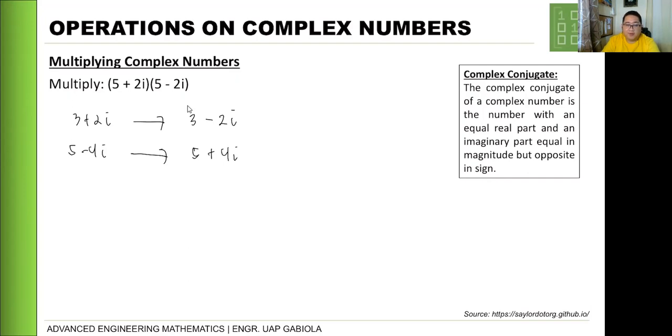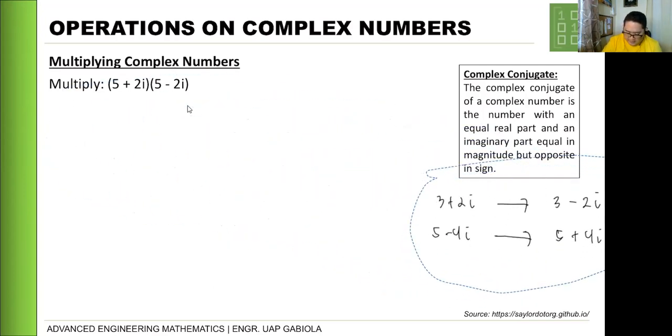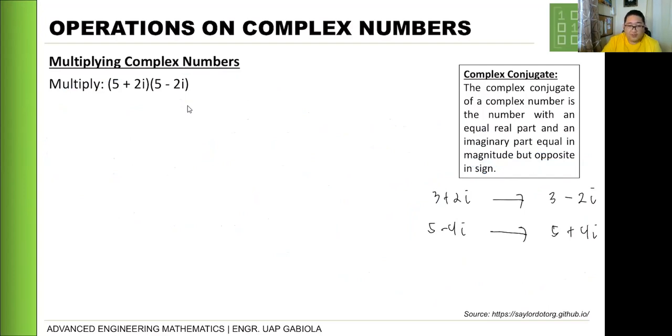And dito, sa part na to, we are multiplying complex conjugate numbers. So paano daw yung solution niya? So of course, we can always use yung FOIL method, no? Pero let's try to represent yung complex conjugate natin doon sa standard form natin. So we have a plus bi tsaka a minus bi.